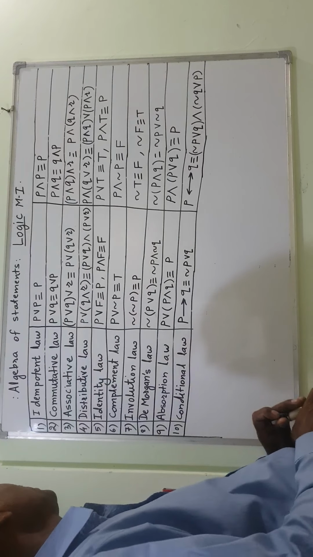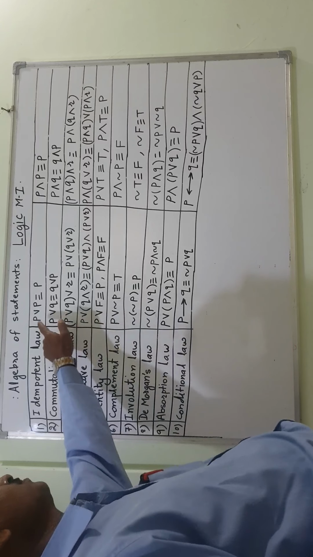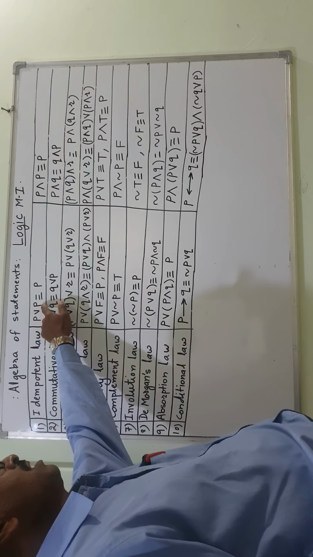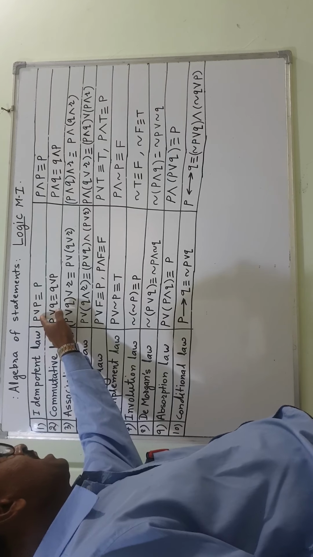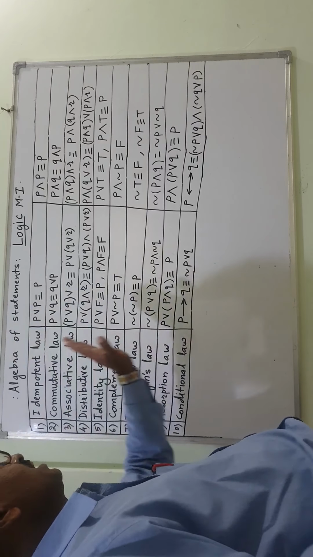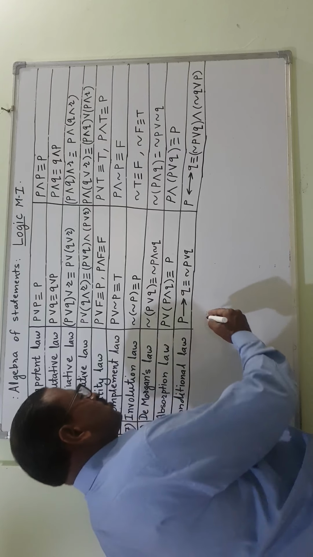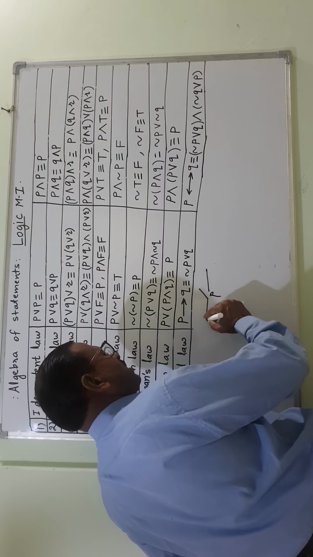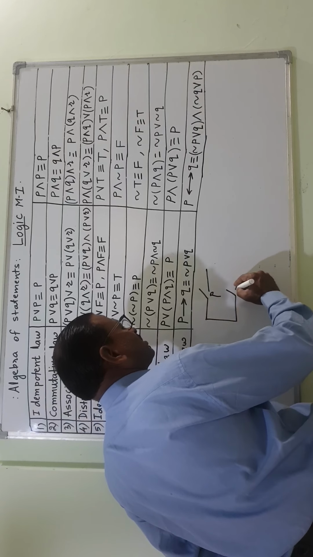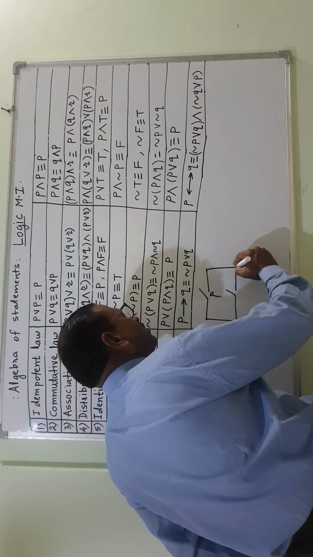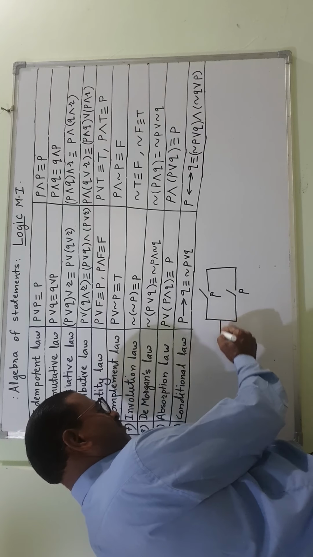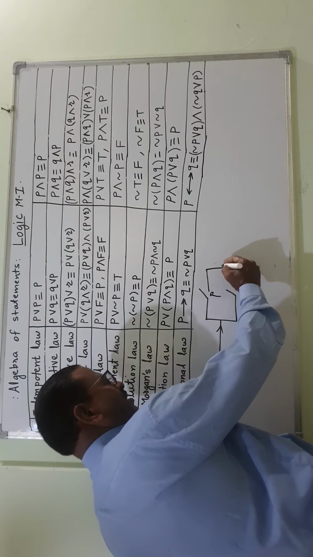Now see, idempotent law. P or P means P switch, and the same P switch is joined in parallel. This is also P switch, the same switch. And now the current is given.